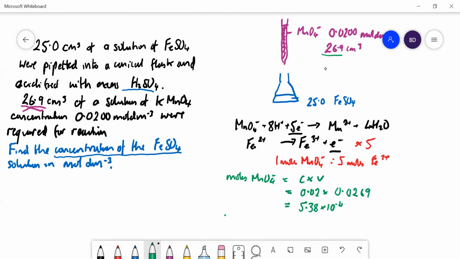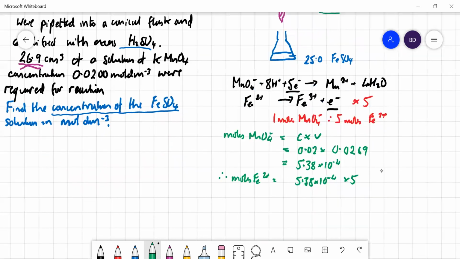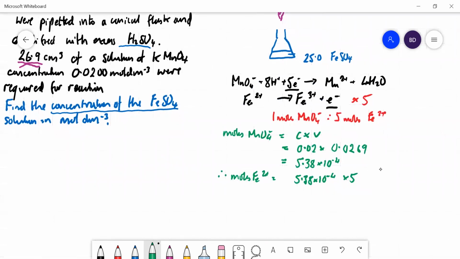So now it's a 5-to-1 ratio, so therefore the moles of Fe2+ is equal to 5.38 × 10⁻⁴ times 5. And that is equal to 2.69 × 10⁻³ moles of Fe2+.